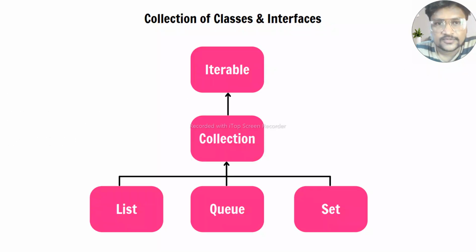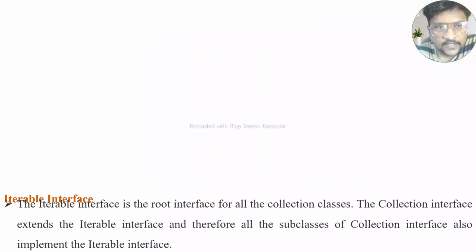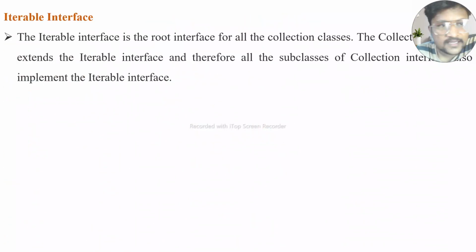Next, the classes and interfaces in collection framework are, you can see, the first is the root Iterable interface, the next is the Collection interface, which includes List interface, Queue interface, and Set interface. So let us discuss them in detail. What is meant by Iterable interface? Iterable interface is the root interface for all the collection classes.